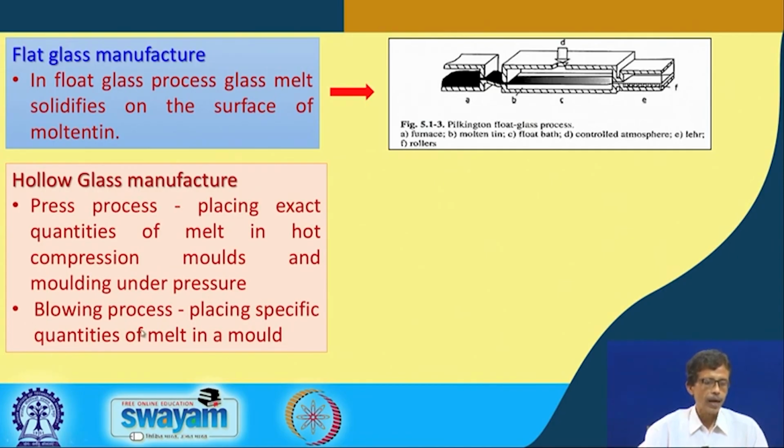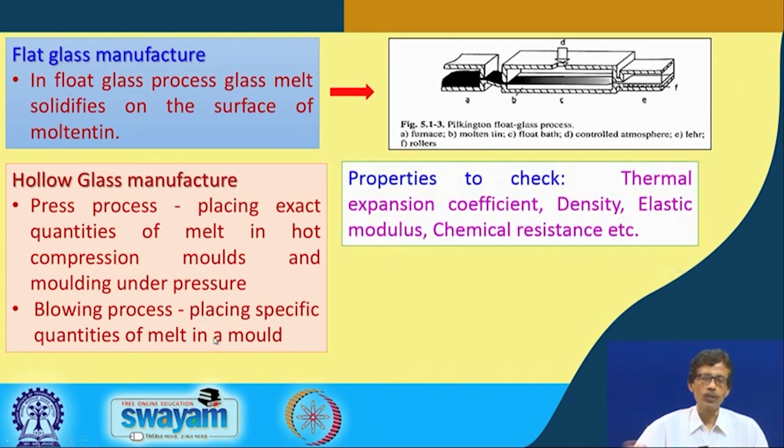In the other process, the blowing process, we place specific quantities of the melt in the mold and go for blowing. Once we get the different varieties of these glassy materials, we check their properties.